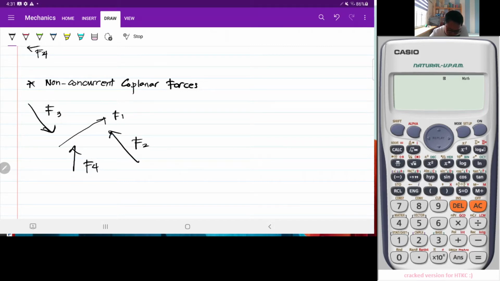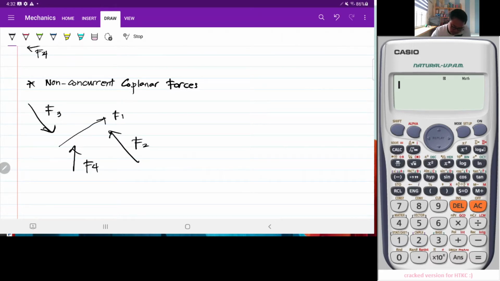If you have here a force F1, you have also here a force F2, and here a force F3, and you have here a force F4. So these forces are said to be non-concurrent but coplanar because although they don't have a common point or origin, they are acting on the same plane. The same plane means coplanar.